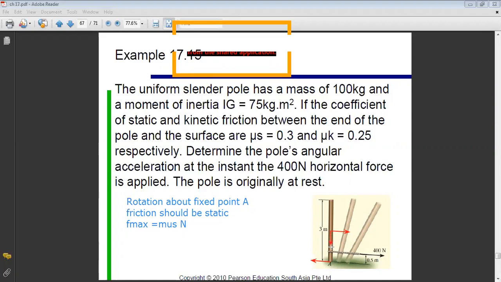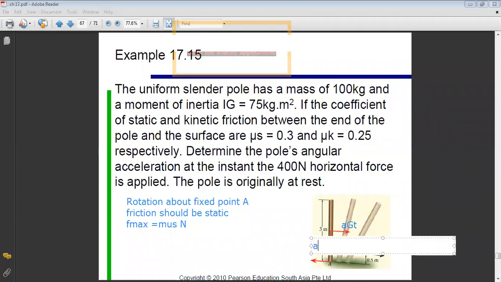But because it's starting from rest, what will be the normal acceleration? 0. Here aG normal at this instant is 0 because I'm starting from rest, so V is 0.